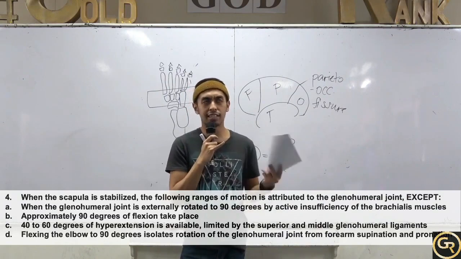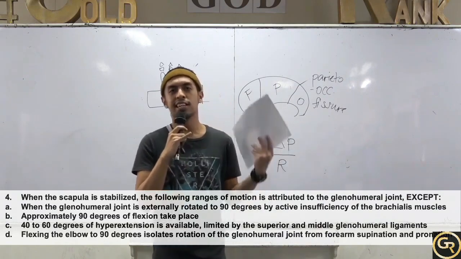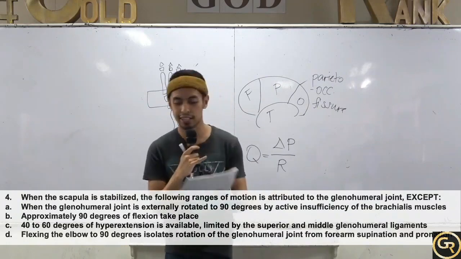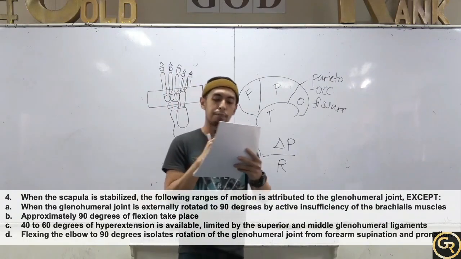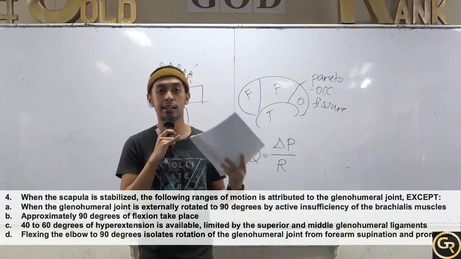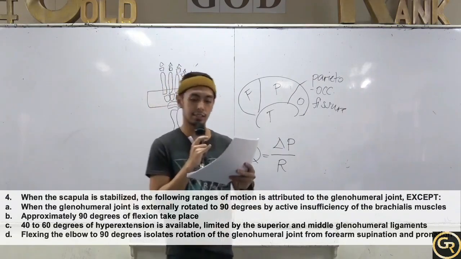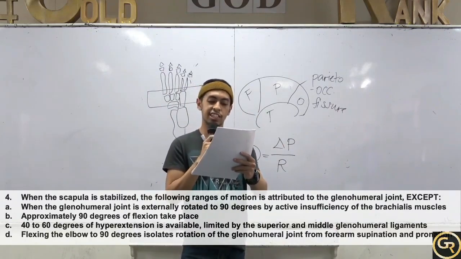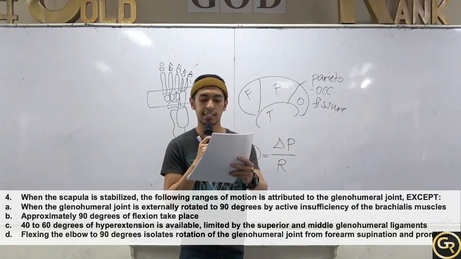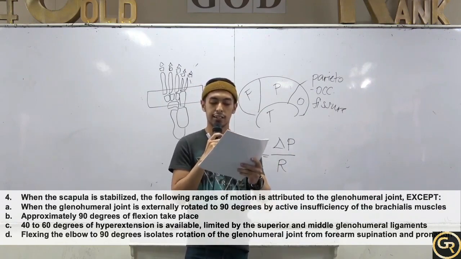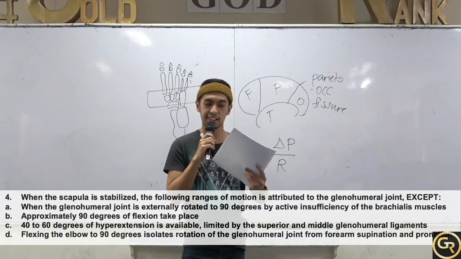Okay, your brachialis muscle does not even cross your GH joint. Ang action lang niya ay nasa elbow joint. Therefore, mali po si letter A. Okay? Please replace the brachialis with your deltoids. Okay? It's the deltoids that have active insufficiency when the GH joint is externally rotated to 90 degrees. Okay? It's the deltoid. Okay? So, 4 letter A.